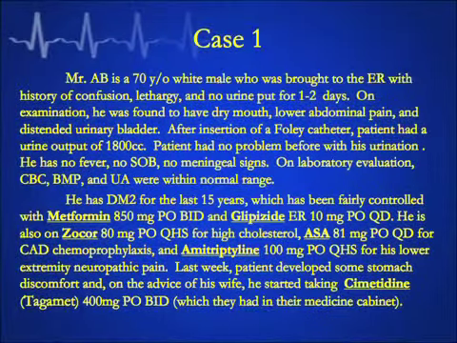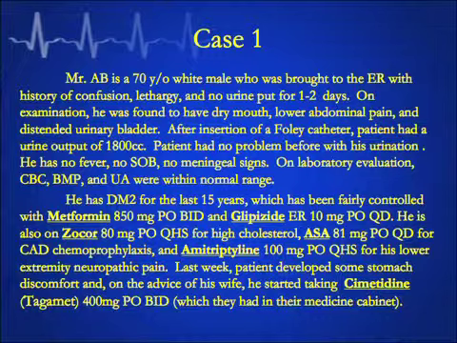Okay, now let's go to one of those cases. This guy, if you remember, was admitted to the emergency room because he was found to have dry mouth, lower abdominal pain, and a distended urinary bladder.